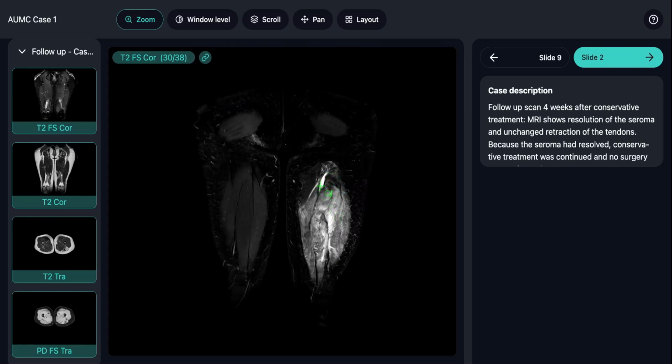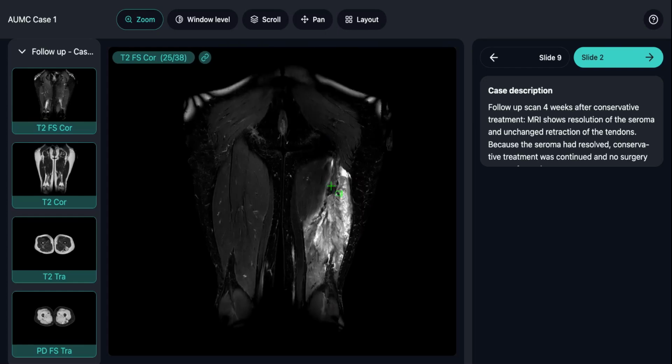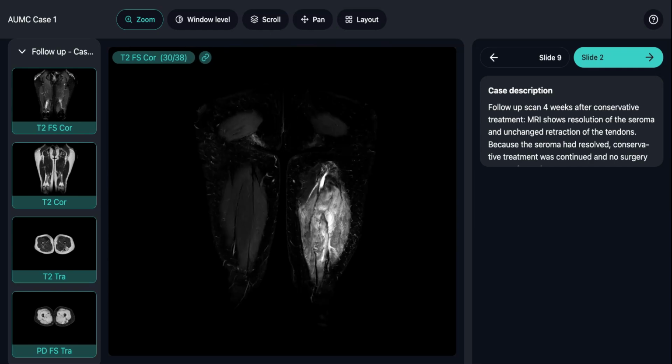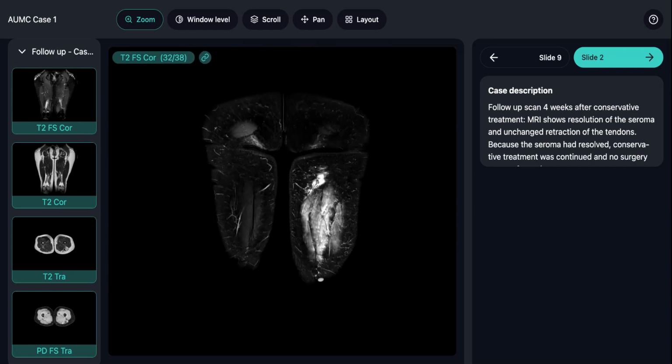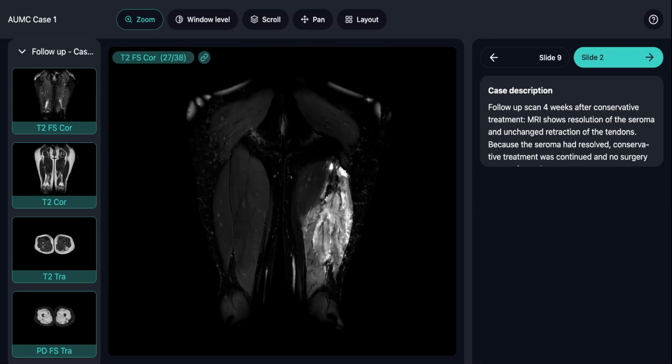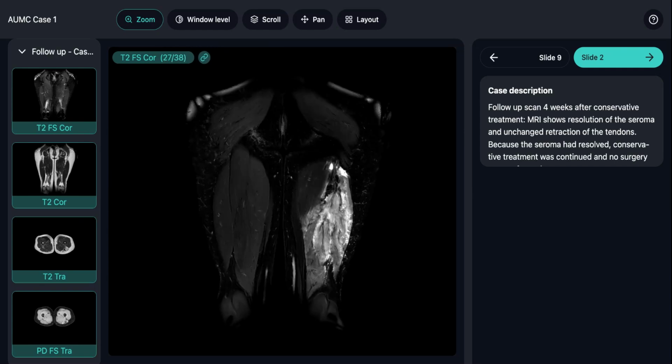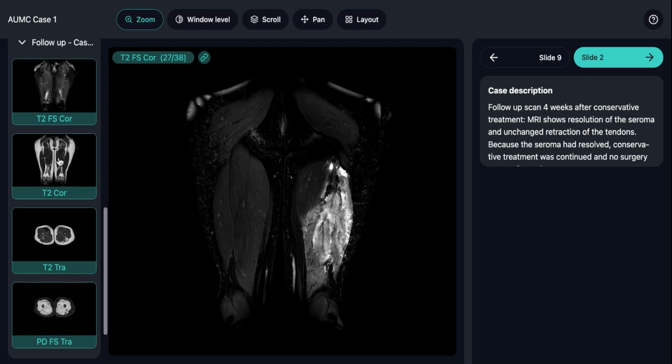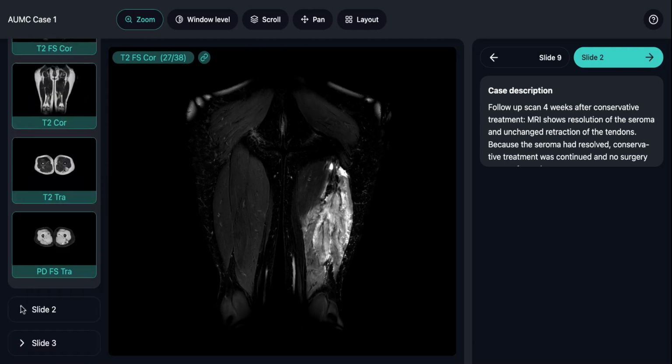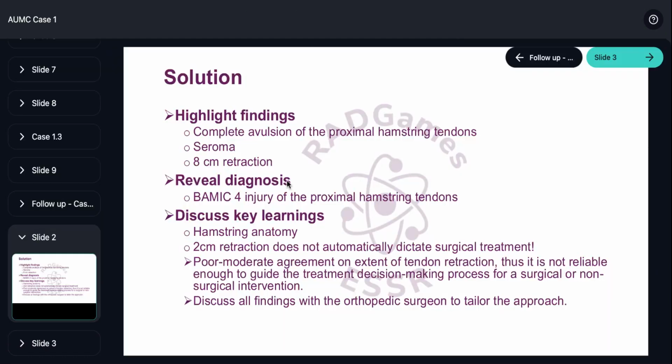And as we can see here, there is a little bit of seroma left. We still can see the retracted stump of the tendons here. But the seroma has largely resolved. So in this patient, conservative treatment was continued. And now 9 months after the injury, she has good clinical outcomes.